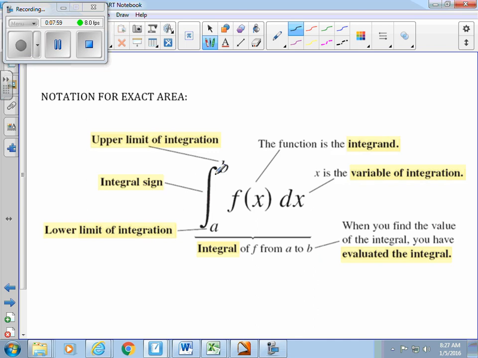Now, what's a word for adding up things in mathematics? Sum. So why do you think they use this symbol? It looks like an S. We're summing up the area from the x value A to the x value B.